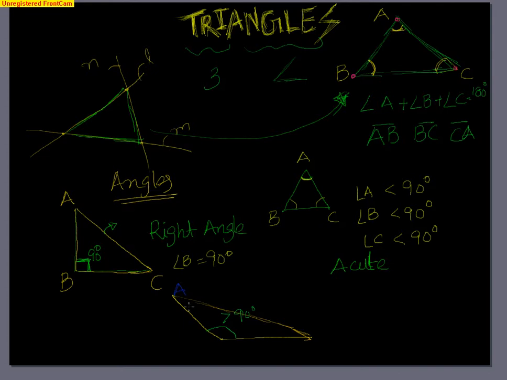This is A, this is B, this is C. Angle B is greater than 90 degrees. Then this triangle is known as obtuse triangle.